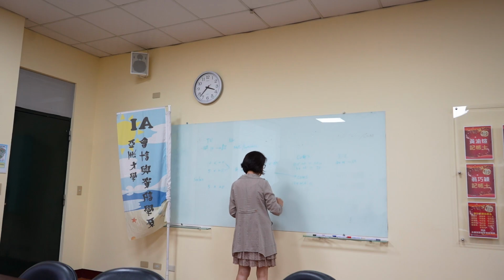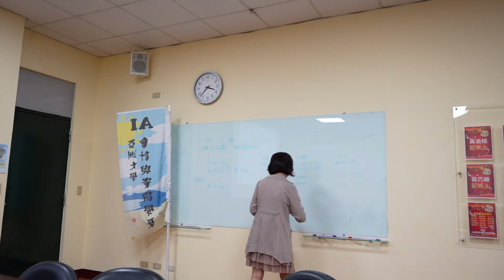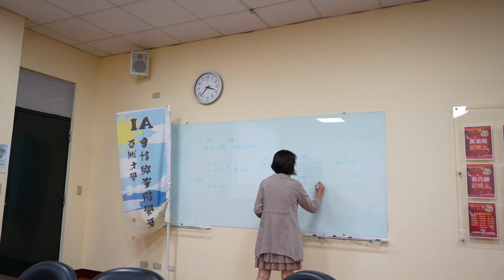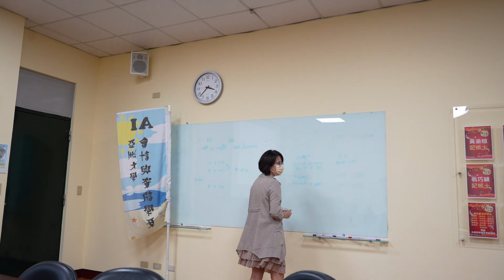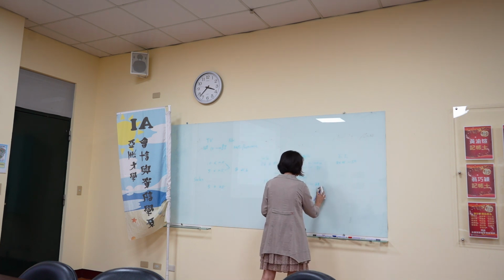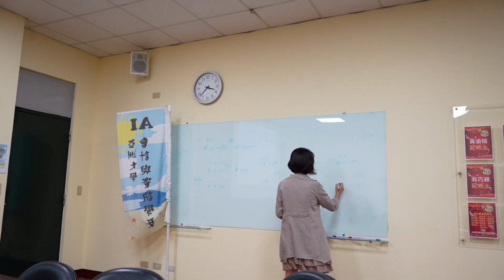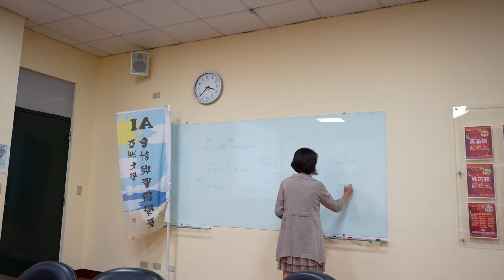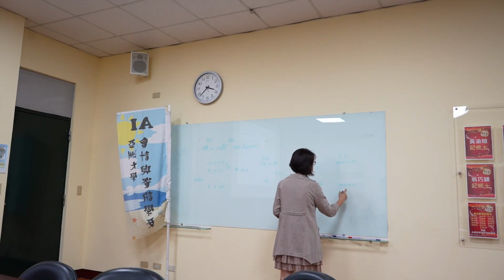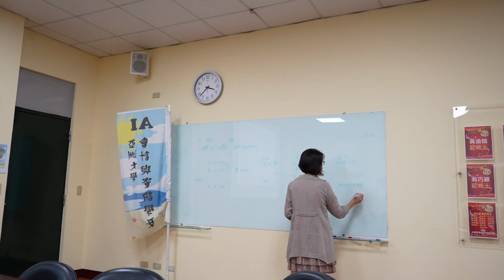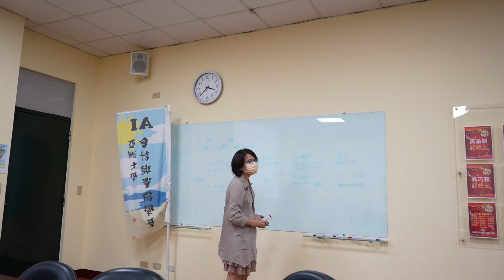This is like 281.6. Okay, let's make it 282. And cost of goods sold will have 2 times 21.6, which is about 43, right?